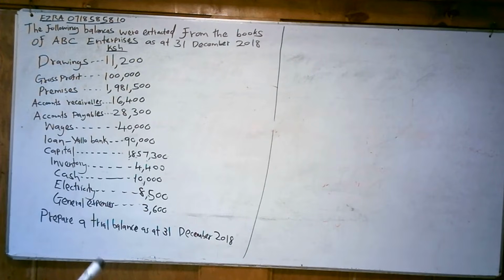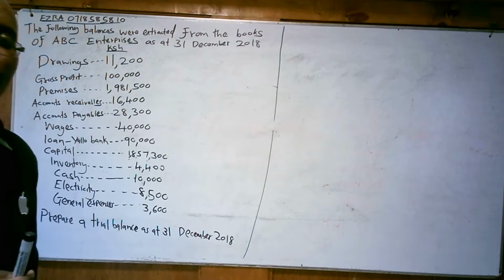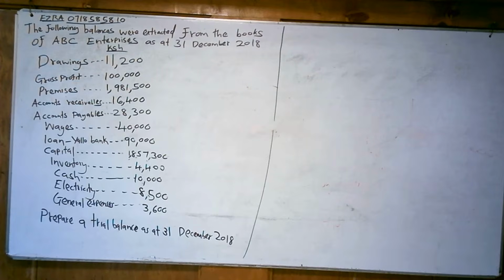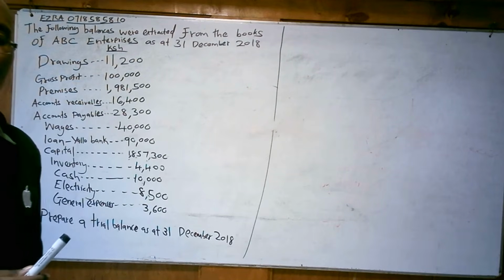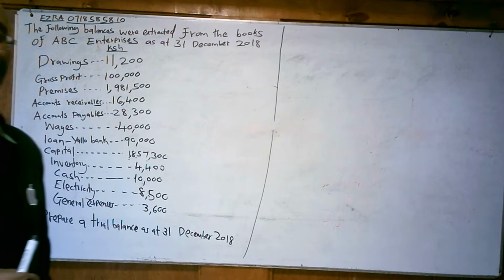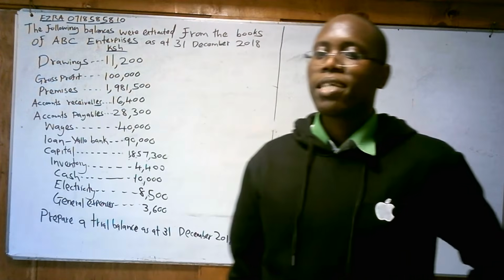The loan was from the individual owners, that is, Yellow Bank. Then we have capital, inventory, cash, electricity, and general expenses. They are asking that we prepare a trial balance as at 31st December 2018.